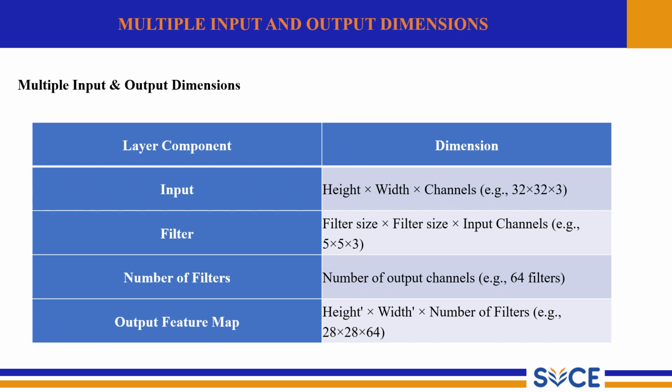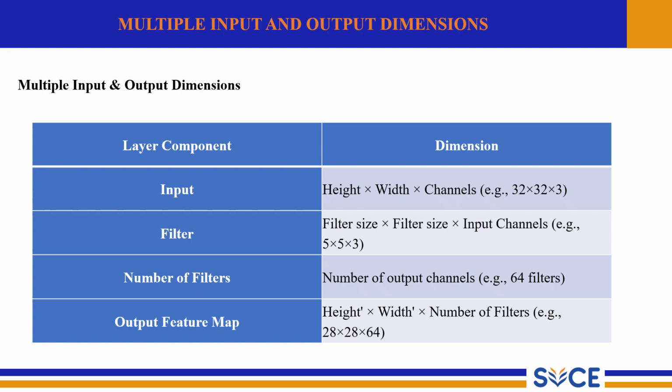The output feature map, after applying all filters, has dimensions height into width into number of filters. In this example, using 64 filters on the 32 cross 32 into 3 input, with stride and padding such that the spatial size reduces to 28 cross 28, the output would be 28 into 28 into 64.